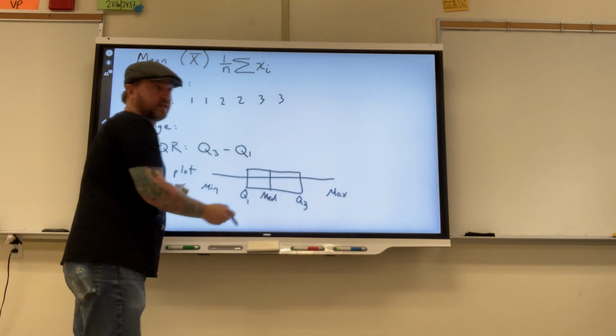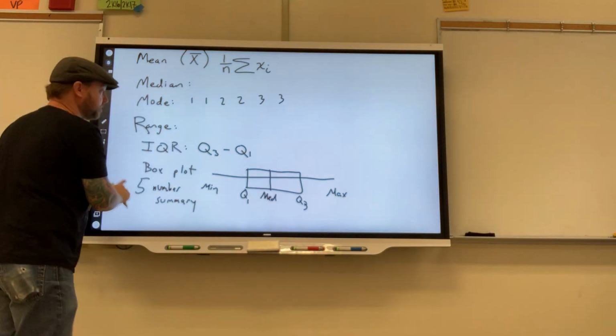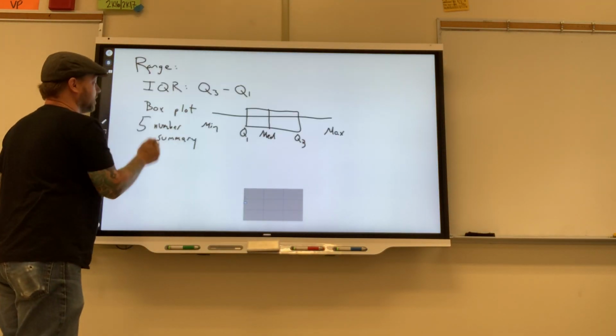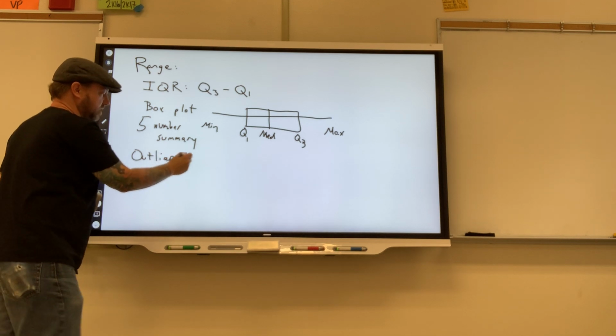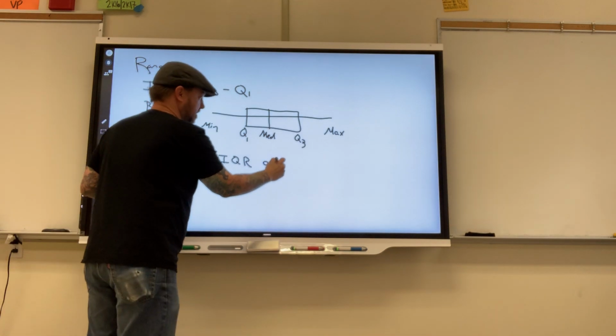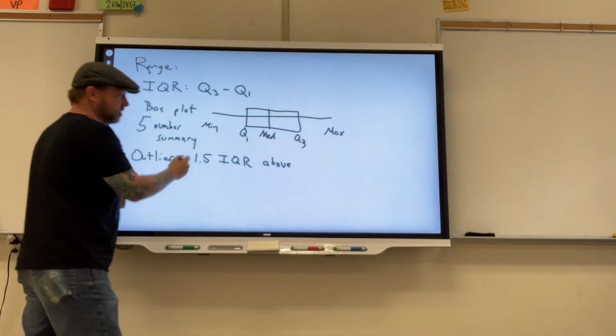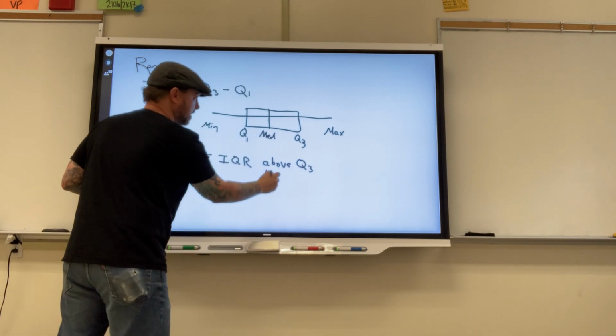There's the width of the middle 50%. That's the IQR, okay? Outliers are 1.5 IQR above Q3.